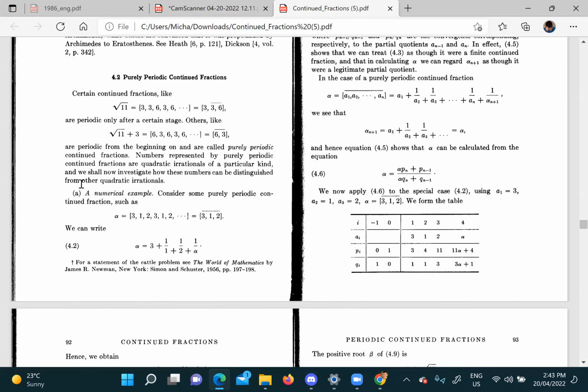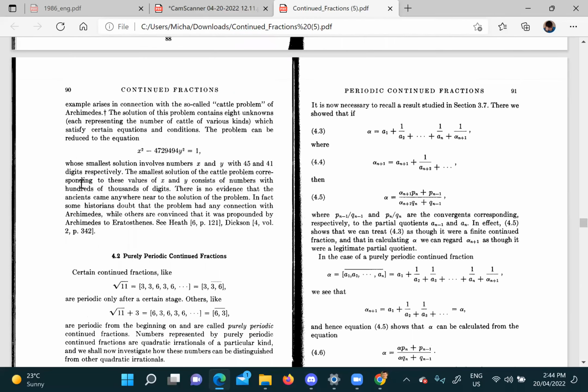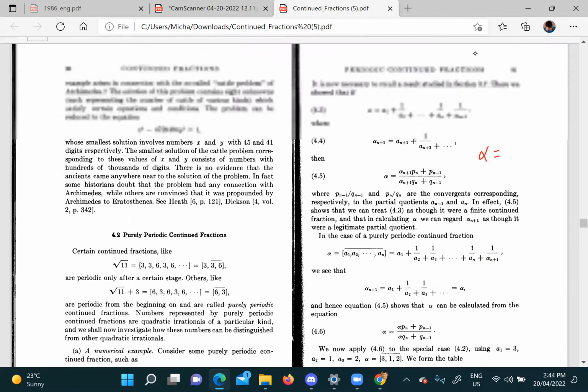Of alpha. I know the answer. If A is 9/2... what were the numbers again? 3, 1, 2.